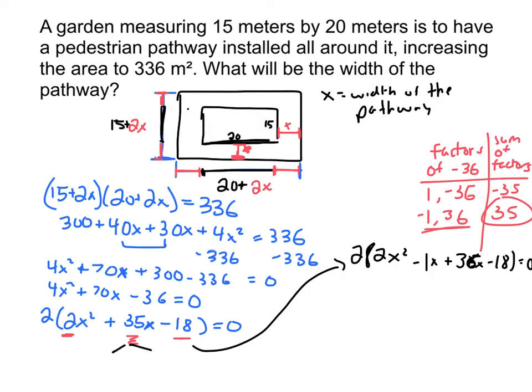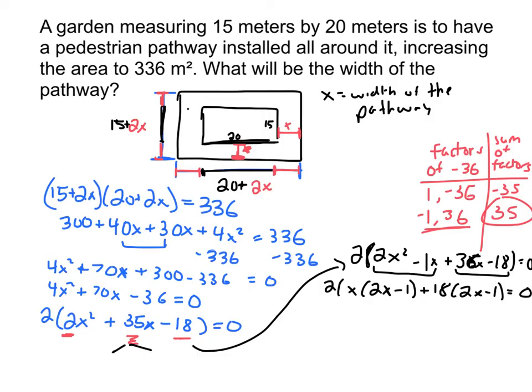Now I'm going to look on this side to see what I can factor out. I'll have the 2 there, and then what can I factor out? Just one of the x's, so 2x minus 1. And then on the other side I can factor out an 18, and I'll be left with 2x minus 1.